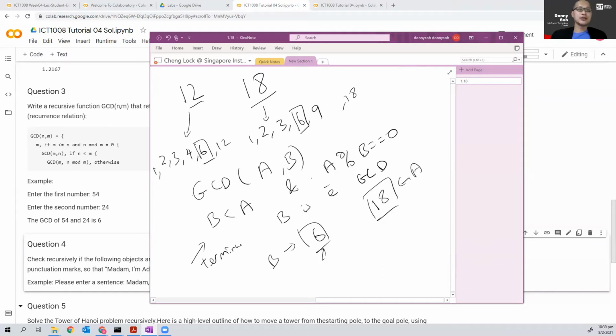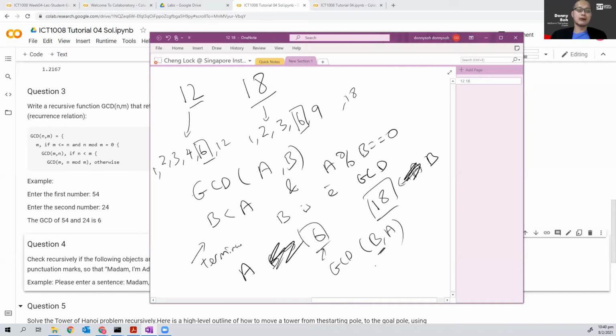The second condition is, what if this is A and this is B, meaning that A is less than B? If A is less than B, we will switch it to GCD of B, A. The reason being, we always want the first number to be the bigger number.